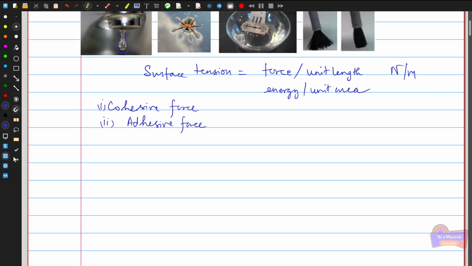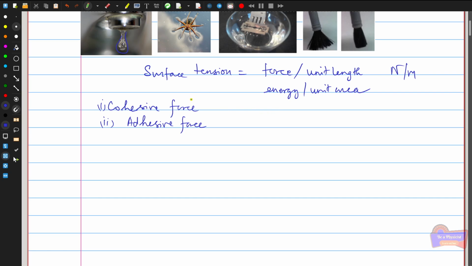Therefore, mercury does not stick to the glass or any other surface.